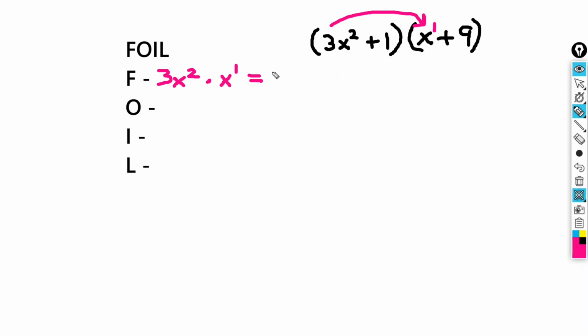That's going to give us 3x cubed. Next up, we'll do the outer term. So we'll do 3x squared times 9. And that's going to give us 27x squared.